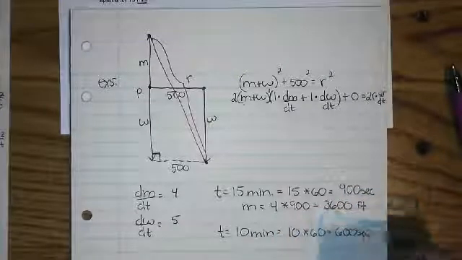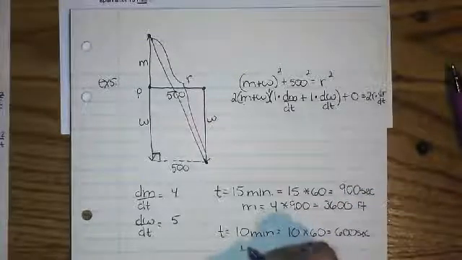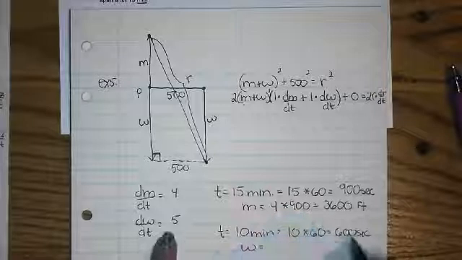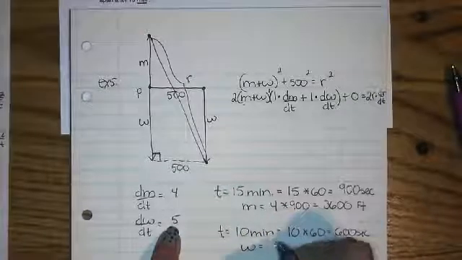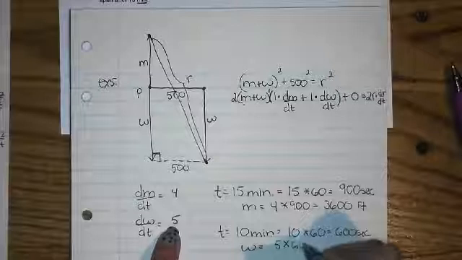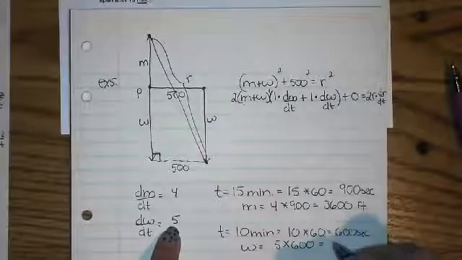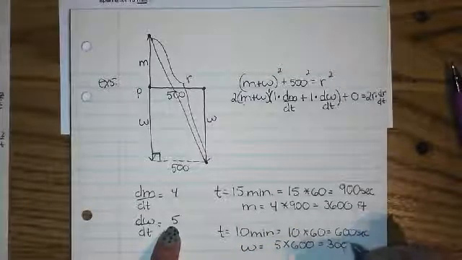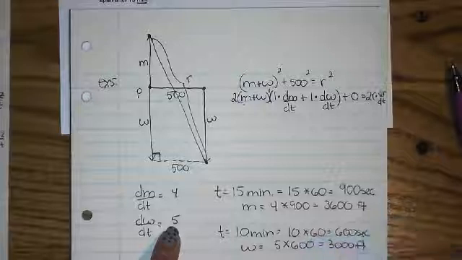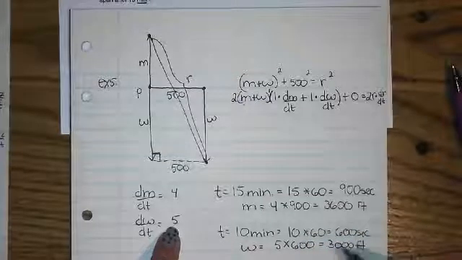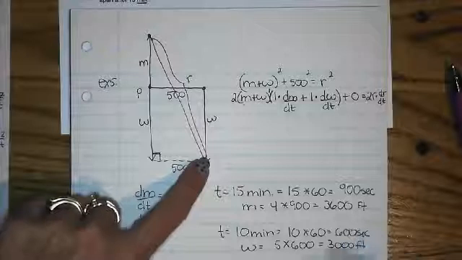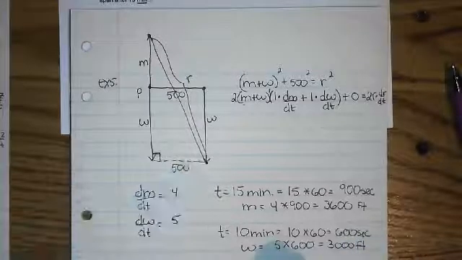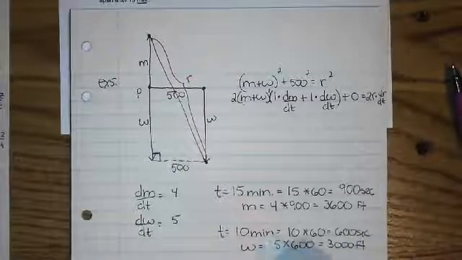So her walking time is only going to be 10 minutes, which means she would have been walking for 600 seconds. So her distance, for every second she walks, she's traveled 5 feet. That'll be 5 times 600. So she will have 3,000 feet traveled.